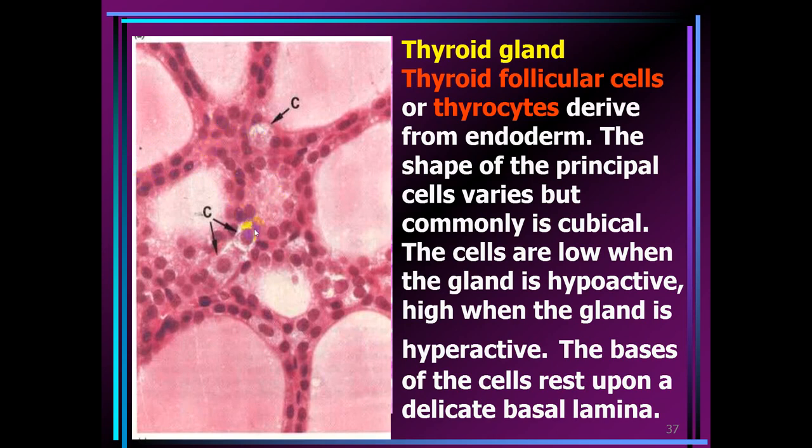And between follicles may be thin plates of loose connective tissue with capillaries. This gland is very highly vascularized. Here we can see the fenestrated capillaries, and the secretory product of the thyrocytes goes directly to the blood, to these capillaries.